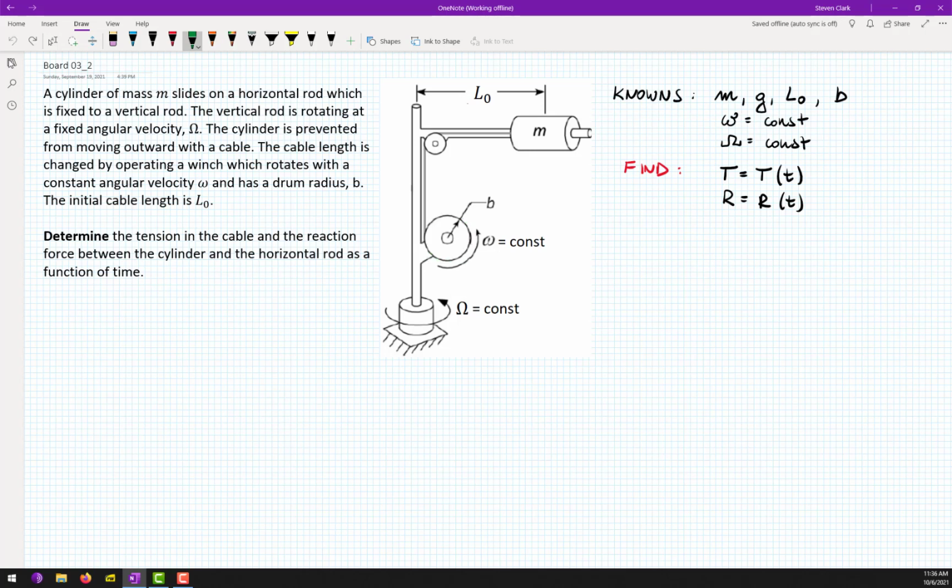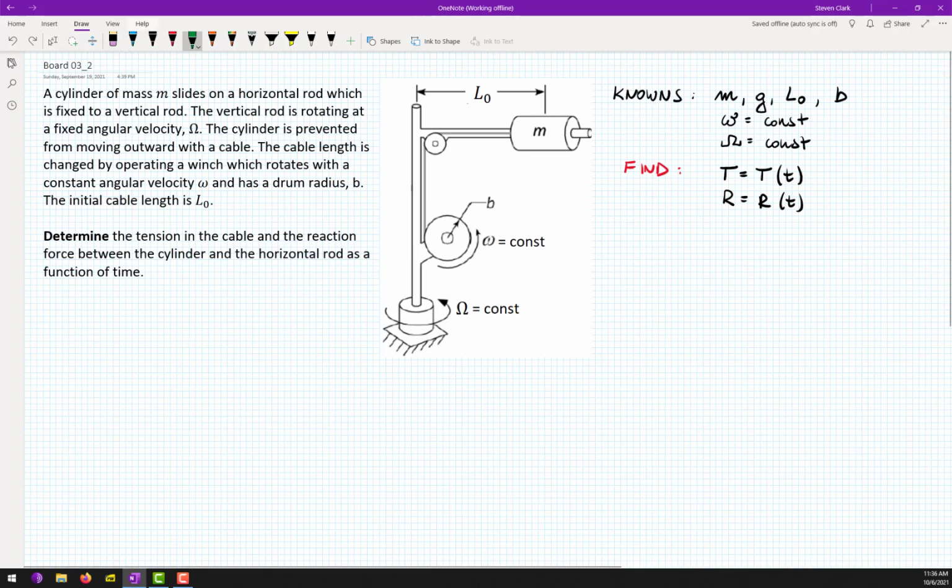And that winch is rotating with small lowercase omega, and it has radius b. And the entire structure rotates with capital omega around the k direction. A lot of stuff is going on in here.